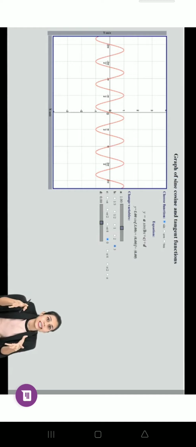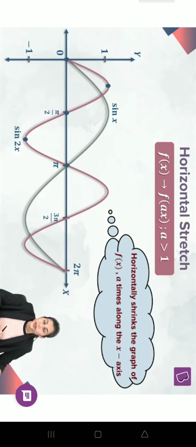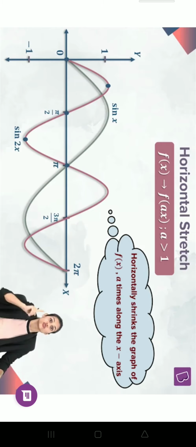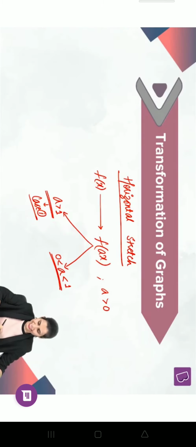Specifically, when a is greater than 1, the graph of f stretches vertically, and when a is strictly between 0 and 1, the graph of f shrinks vertically. Similarly, the horizontal stretch transformation comes into the picture when a positive constant a is multiplied with the input of the function. To be precise, if a is greater than 1, the graph of f shrinks horizontally, and when a is between 0 and 1, the graph of f stretches horizontally along the x-axis.